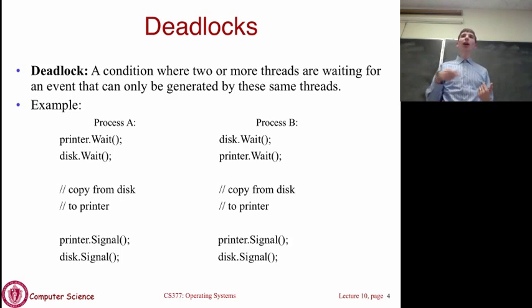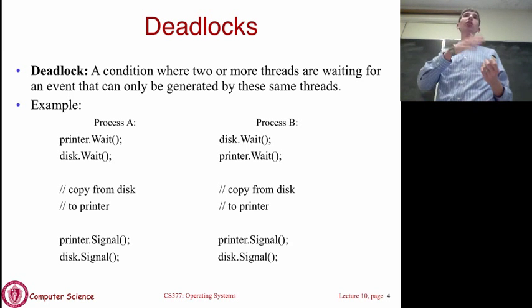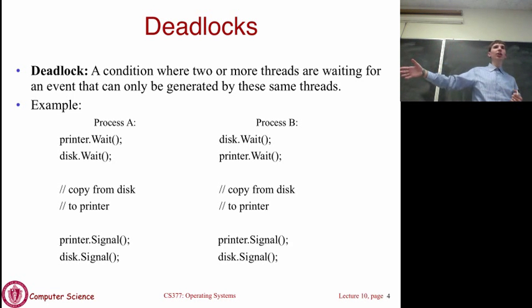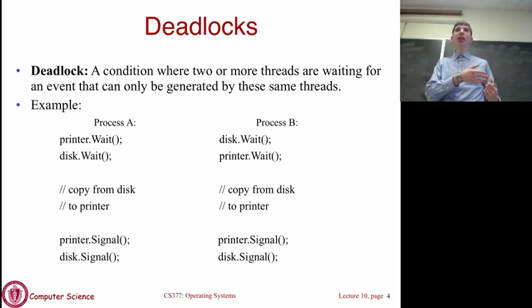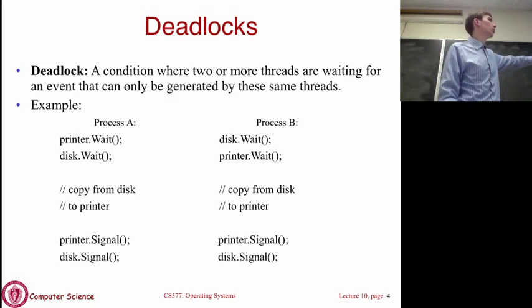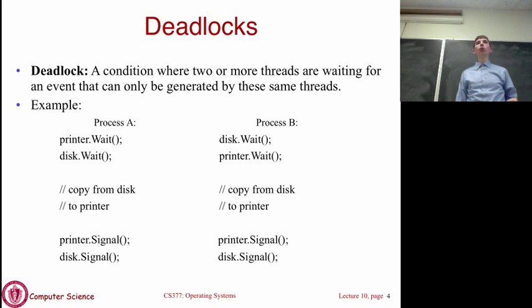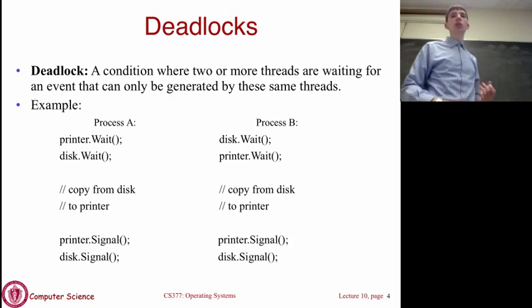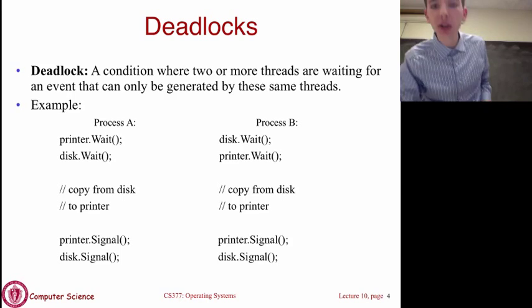Remember, we have this circular wait where a thread is waiting on a resource that has already been assigned to some other thread, and that thread is waiting on a resource assigned to the first thread. So essentially what that means is that you must have had a case where a resource was requested out of order. That's the only way that you could actually get a cycle. So if you impose this ordering, cycles are never a possibility.